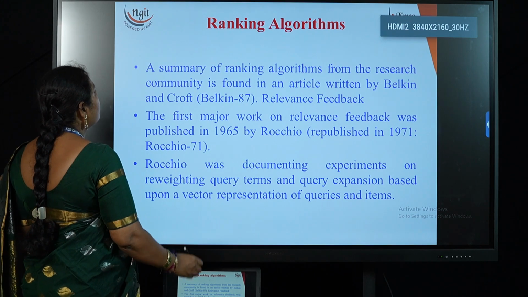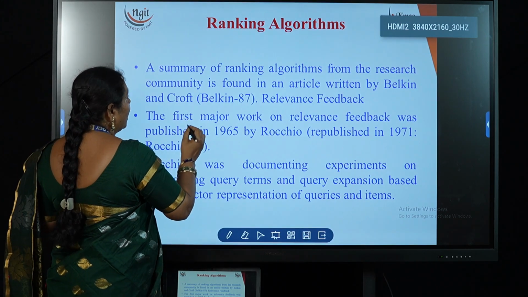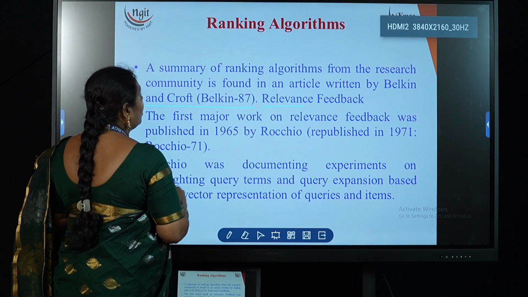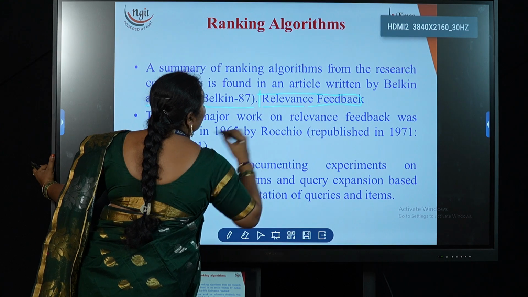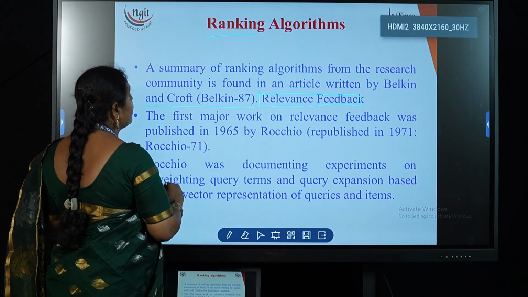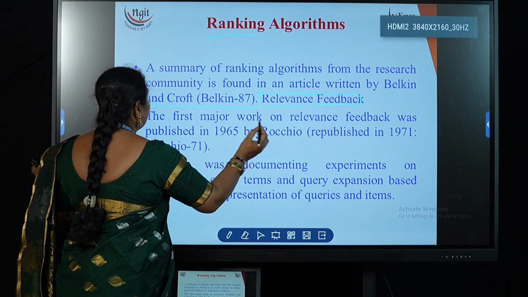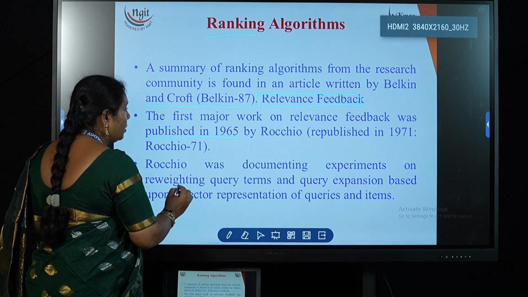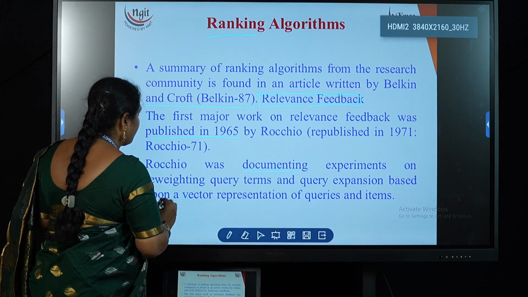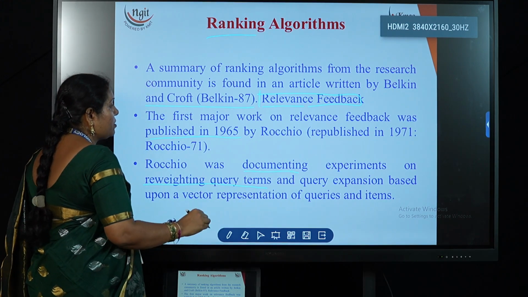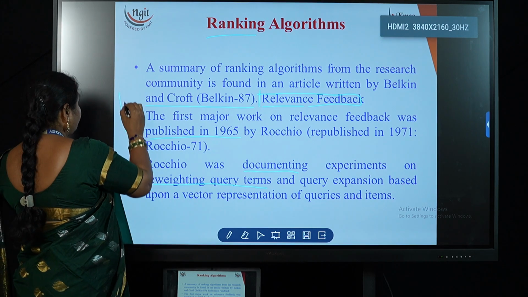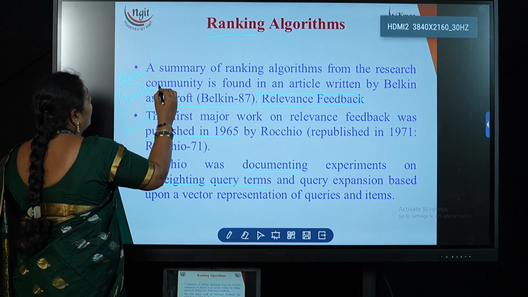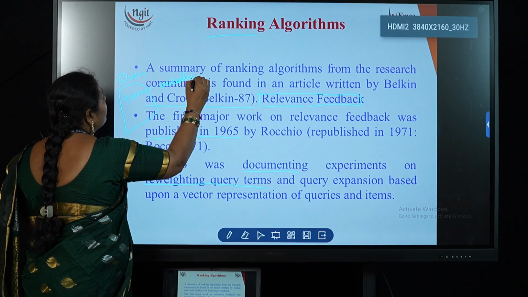Now, according to the summary, Belkin and Croft gave the relevance feedback. Who will give the relevance feedback for the given values? Ranking algorithms will give the relevance feedback, and relevance feedback was published by Rocchio in 1971. He documented all the experiments by rewriting the query several times. For each and every term in your query, the weight is recalculated.